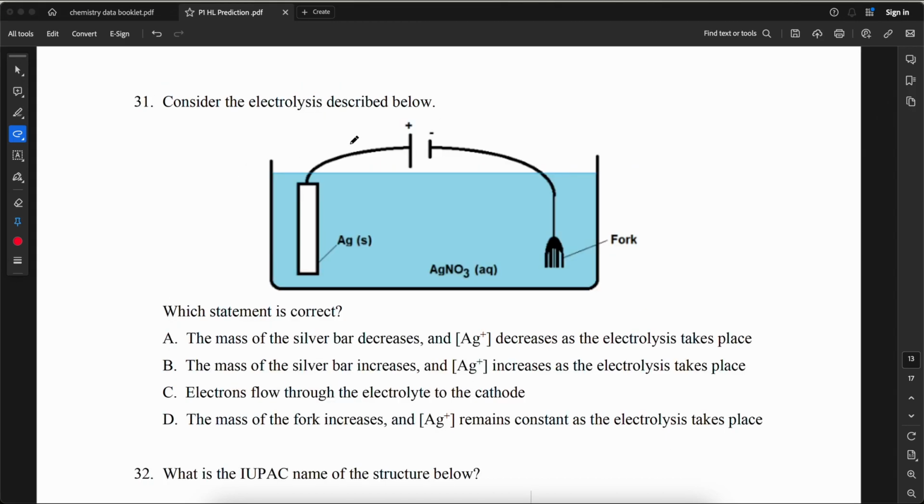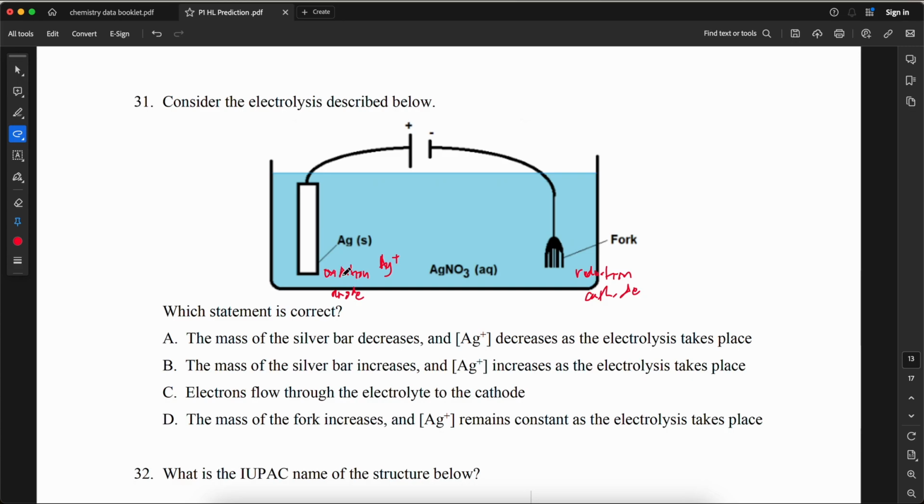Consider the electrolysis described below. Ag and fork. So Ag will experience oxidation, and this would be at the anode. This one is reduction, and this is at the cathode. So silver ions are formed here.